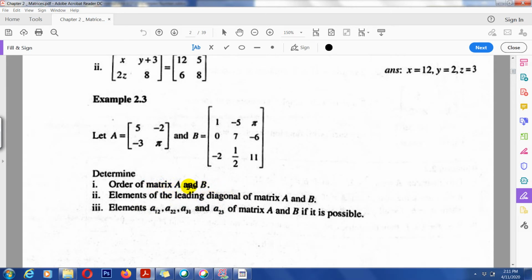The order of matrices A and B: this is 2 by 2, this is 3 by 3. So the elements of the leading diagonal of matrix A are 5 and pi, and for B they are 1, 7 and 11. Then the elements 1,2, 2,1, 3,1 of matrix B, if it's possible, determine.